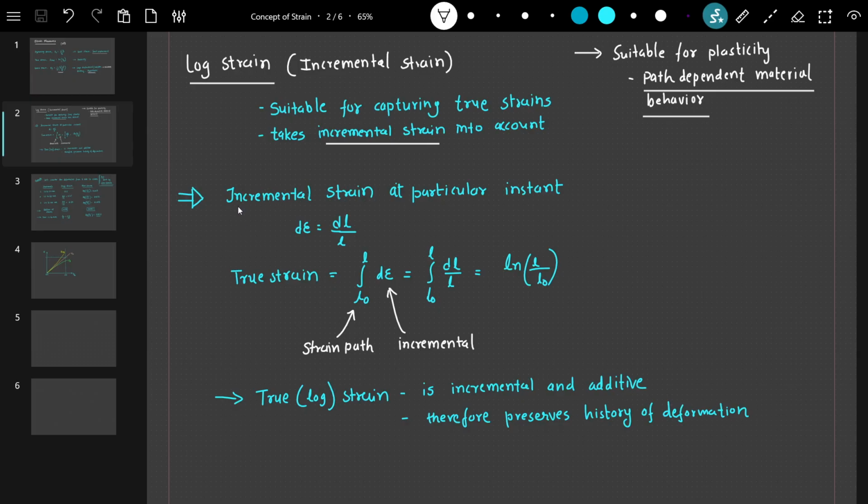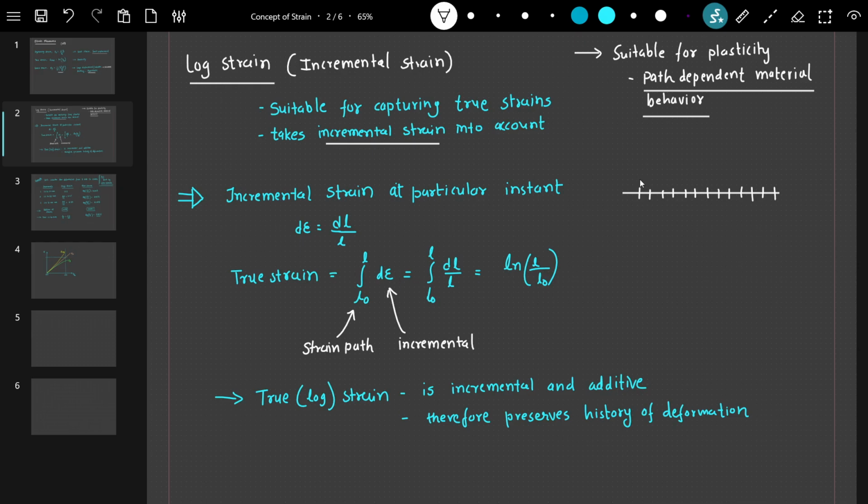So let's see how it is derived. Incremental strain at a particular instant is d epsilon equals dl by L, where L is the current length. For example, let's take this as a strain on different steps, or incrementally.